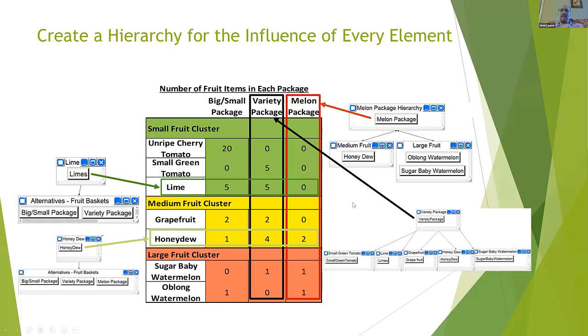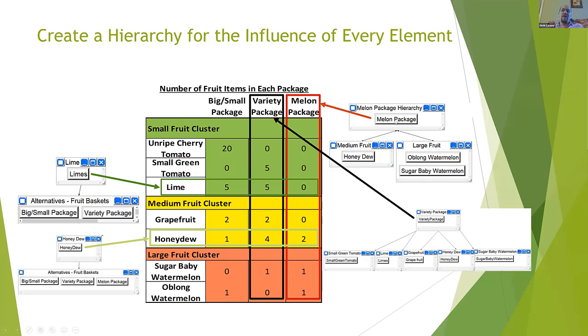So we've got a couple of examples here. The main thing I want to point out is that we're going to look at these almost like generic nodes. When we get the Lime influence, we're going to think of this almost as a goal node per se in a hierarchy, and we're going to take the influence that the limes have in the network. The same idea applies to the packages. The variety package had small green tomatoes, limes, grapefruit, honeydew, and sugar watermelon.